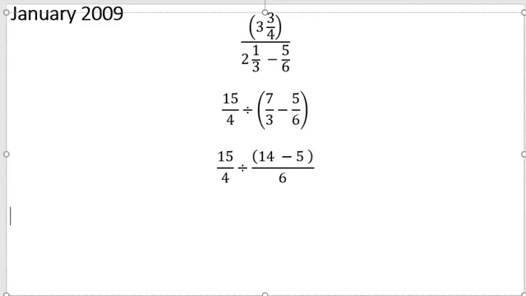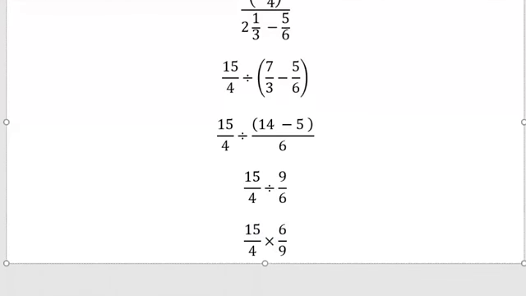So now what we will have is 15 upon 4 divided by 14 minus 5 is 9 upon 6. So we have 15 over 4 divided by 9 upon 6. So what we have is 15 over 4, change our division sign to multiplication, and then flip the fraction that follows, and we get 6 over 9, and we can do some amount of simplifying.